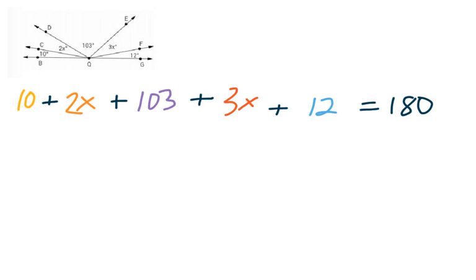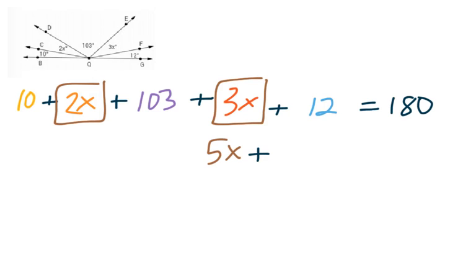Now that I have represented the geometric relationships with this algebraic equation, I can start to use my algebra skills and clean things up. I notice that I have two x terms, and those are like terms, so I can combine them: 2x plus 3x is equal to 5x.